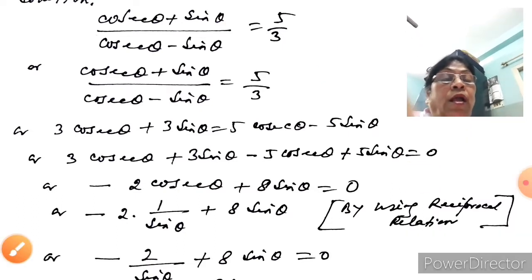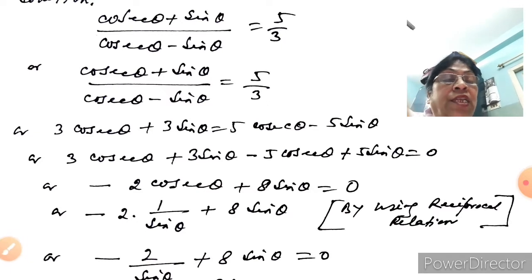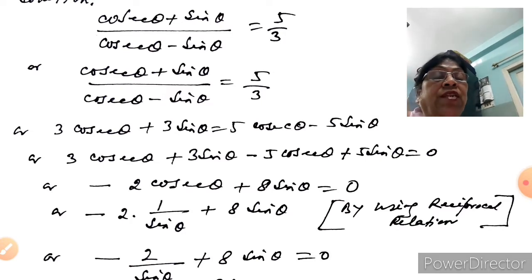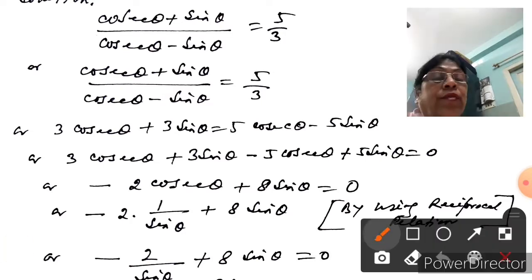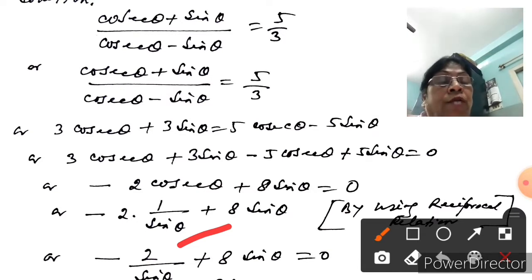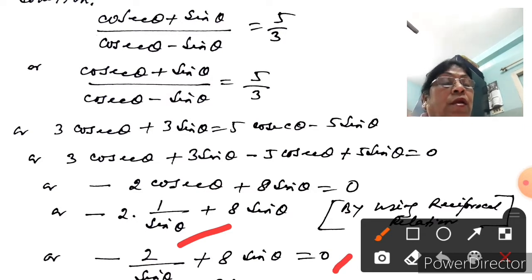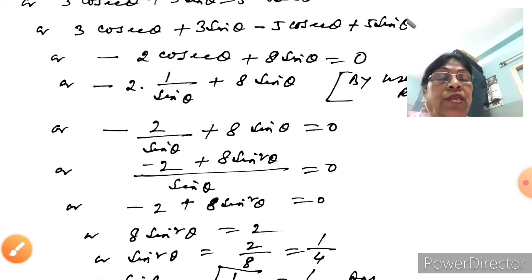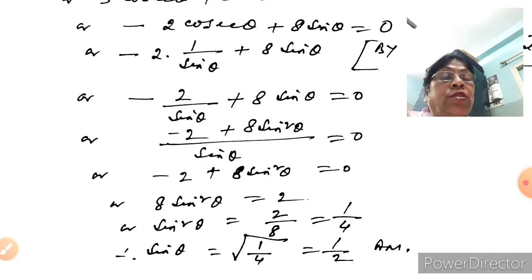By the reciprocal relation, cosec θ = 1/sin θ. Putting the value of cosec θ, I have written 2/sin θ + 8 sin θ. Solving this we get 8 sin²θ = 2, so sin²θ = 2/8.